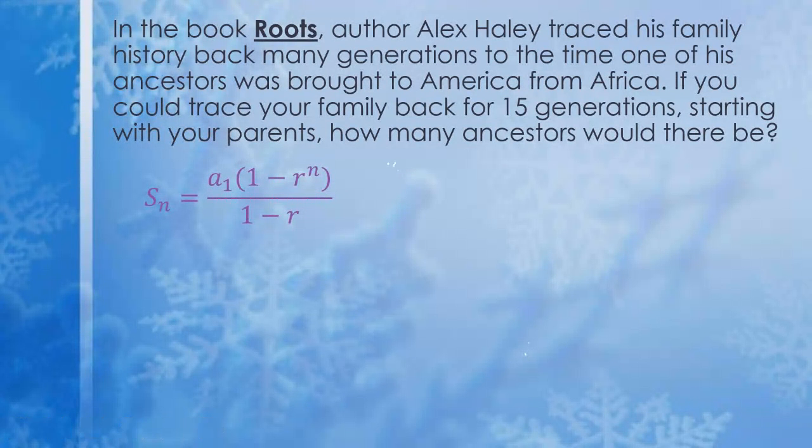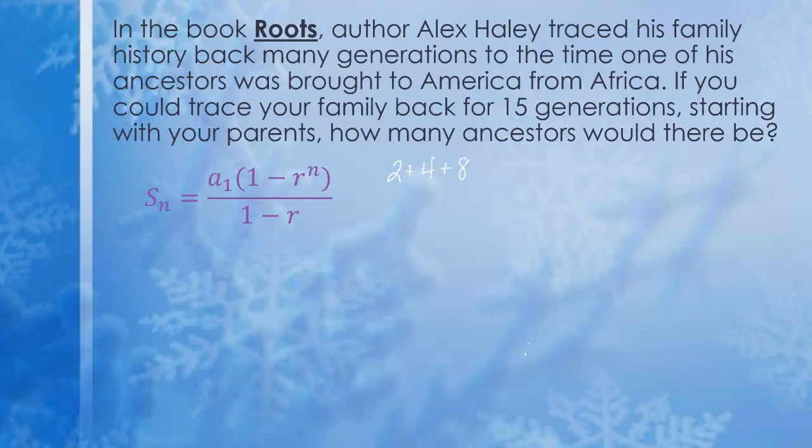There's 2 in your first term. Each of your parents had 2 parents, right? So now that's 4 people. Plus your parents makes 6 ancestors that you have. Each of those grandparents also had 2 parents, so that's 8, right?